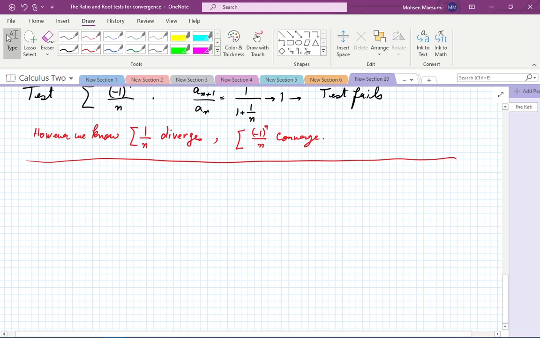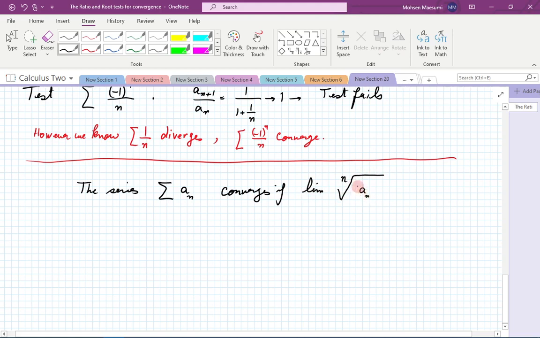So let's take a look at some examples. Let me first write the statement. The series sum of a_n converges if the limit of the nth root of its nth term as n goes to infinity is less than 1.